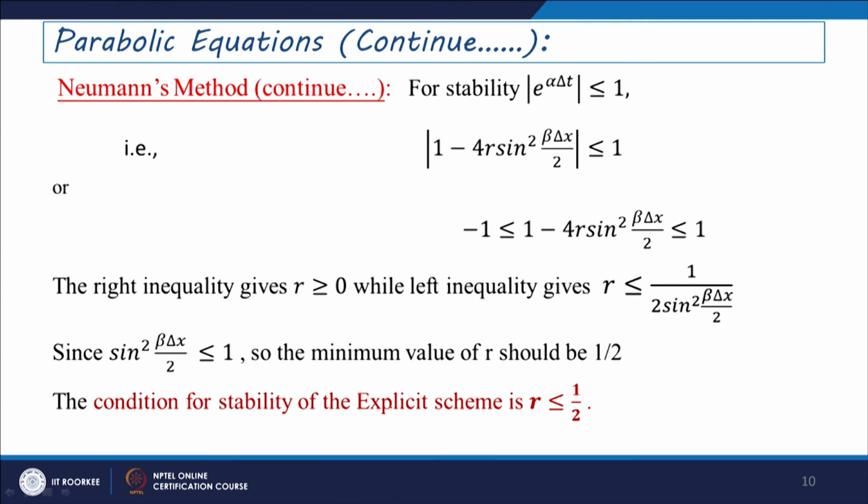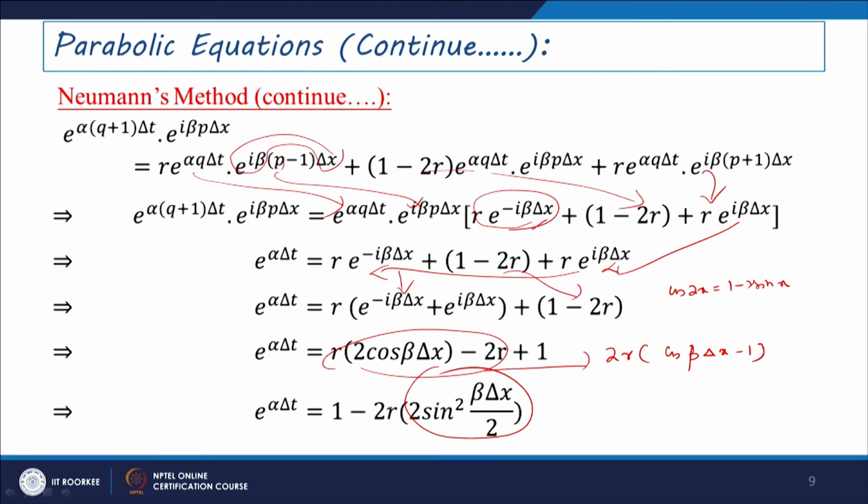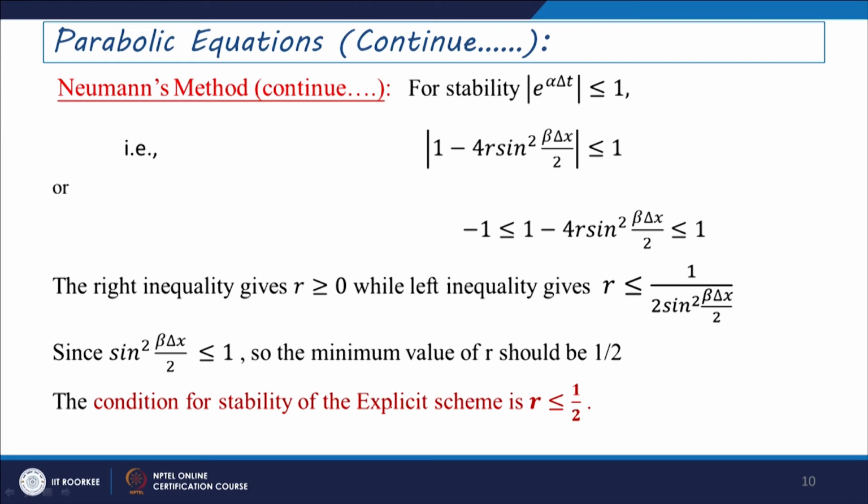And in the Neumann's method, if you go for this stability, then we have to consider this e to the power alpha del t should be less than or equal to 1. So, if you take this left hand side is less than 1, this means that we can write 1 minus 2r times 2 sin square (beta delta x by 2) should be less than 1 also. So, this implies that if you take the absolute value, it should be less than or equal to 1.